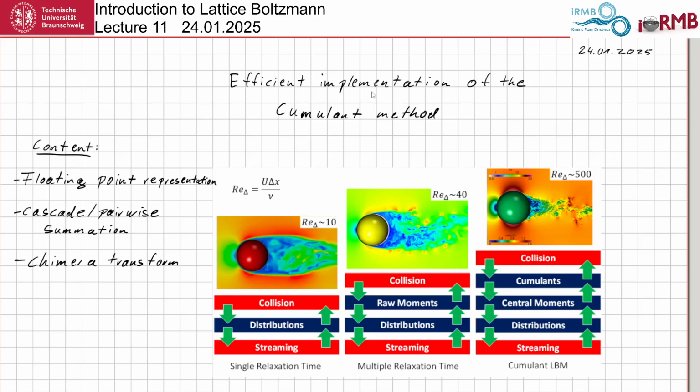So we had to overcome some technical difficulties to actually implement a cumulant method that does what it's supposed to do, namely being a much more accurate and stable solver that can produce much better results at lower resolutions than, for example, MRT or BGK methods.